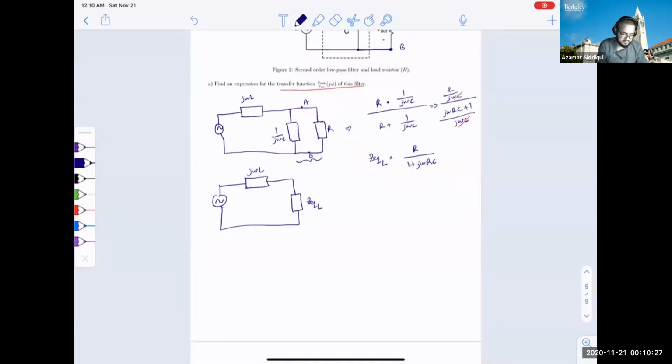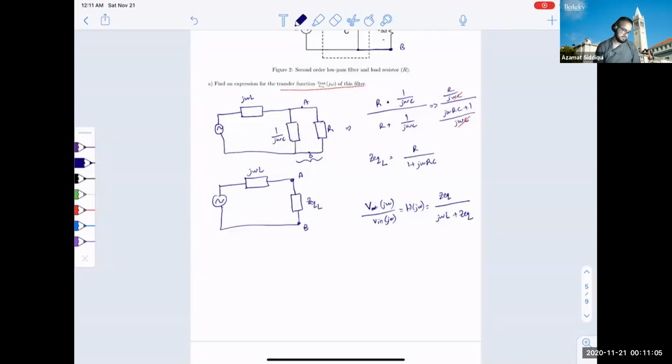And now we can just use the voltage divider, where the out is right here, A and B. So it becomes Vout of j omega divided by Vin of j omega, which could be referred to as H of j omega usually, is equal to the equivalent divided by j omega L plus the equivalent.